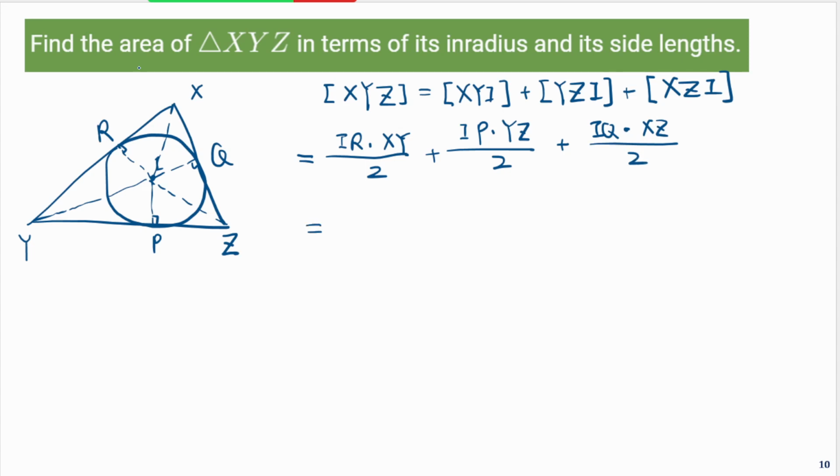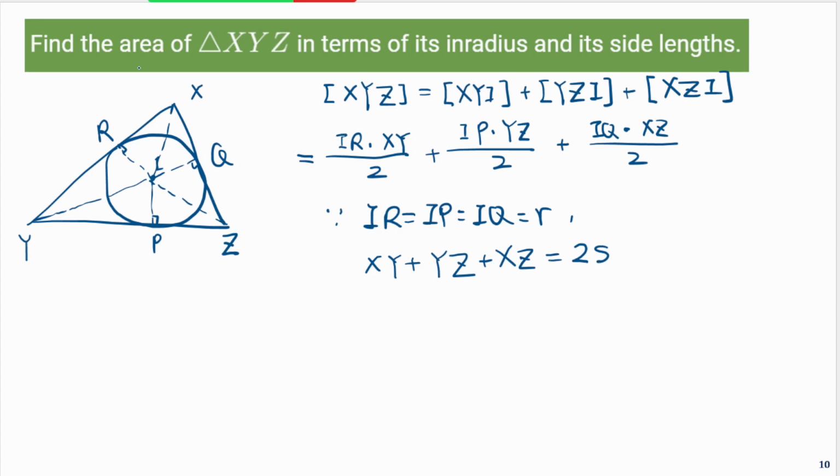Since IR equals IP equals IQ, which is r, the inradius, and XY plus YZ plus XZ equals 2s, where s is the half perimeter of XYZ.